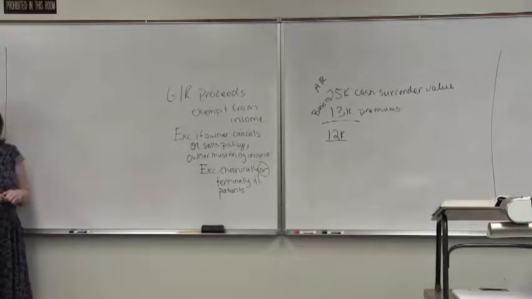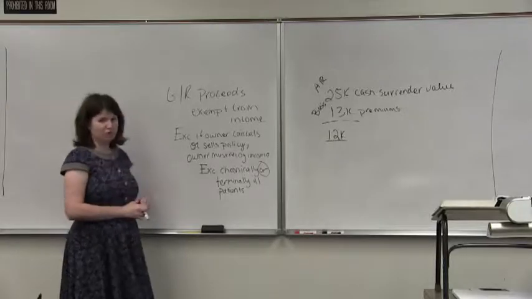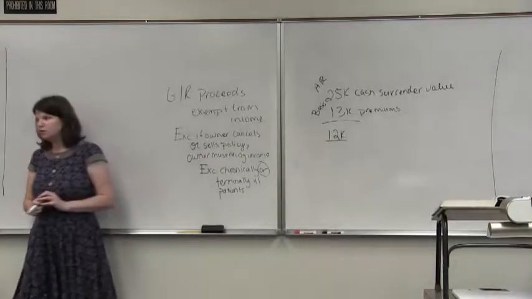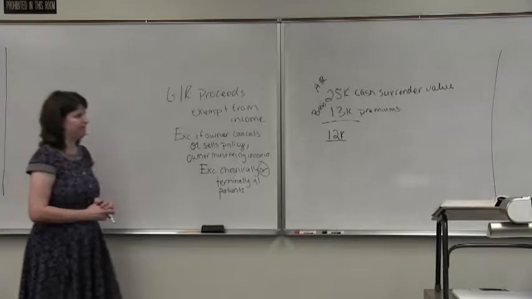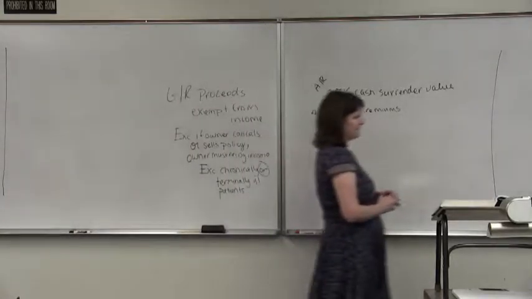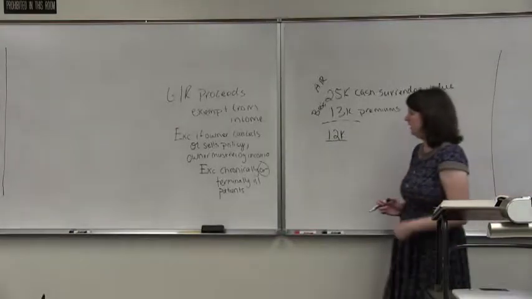If they want to go to France, if they want to go to the Final Four games, whatever, doesn't matter. They still do not have to recognize any income from selling that policy. And we'll do an example here.